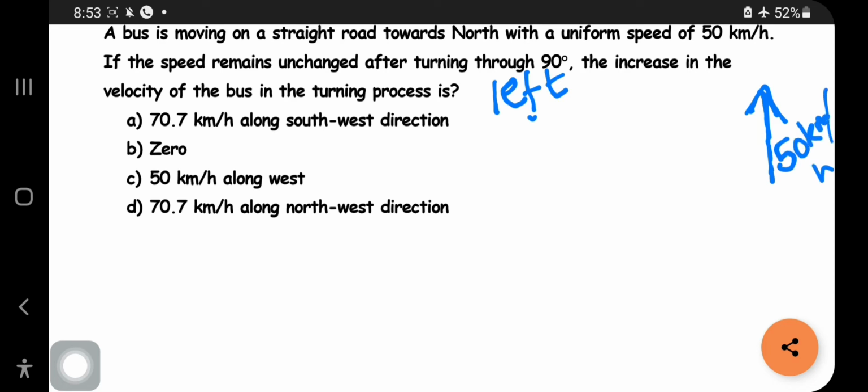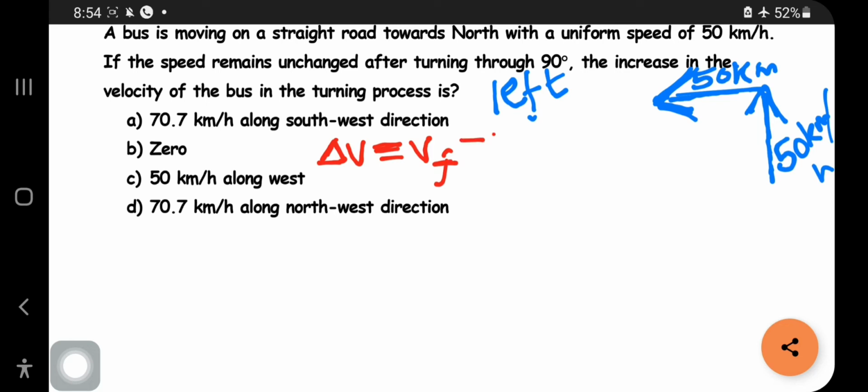Then the bus turns 90 degrees left and moves at the same speed, 50 km per hour. So what is the increase in the velocity of the bus? First we should find delta V is equal to V final minus V initial, where velocity is a vector quantity.